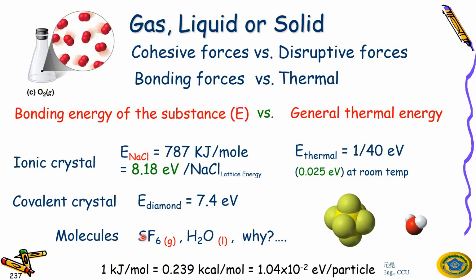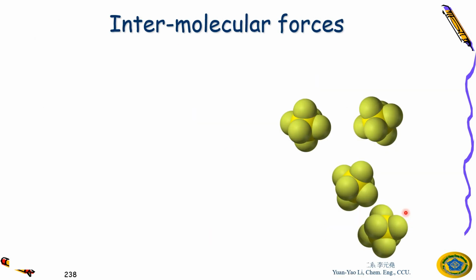Sulfur fluoride is in gas phase. This is a big molecule, and water is a very small molecule. Why is water in the liquid form, and the sulfur fluoride in gas form? That's what we are going to talk about today.